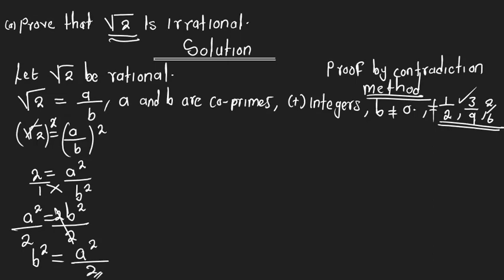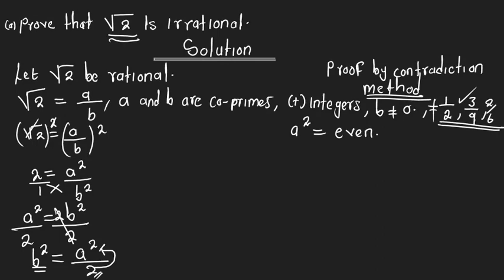Now notice what is happening here. If I divide 2 into a power 2, I am getting a number which is an independent number, b power 2. But we know that numbers which are divisible by 2 are called even numbers. So because when I divide 2 into a to the power 2, I'm getting b to the power 2, which is an independent number without a point, it means that a squared is even.